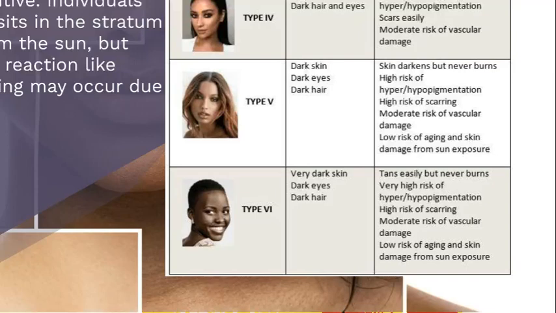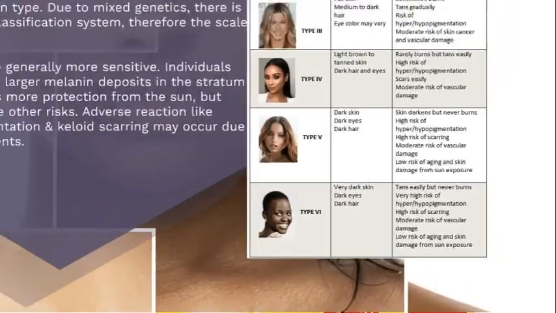And then your last one, type 6, very dark skin, dark eyes, dark hair. It tans easily, but it never burns. Very high risk of hypopigmentation, high risk of scarring, moderate risk of vascular damage, low risk of aging and skin damage from sun exposure.